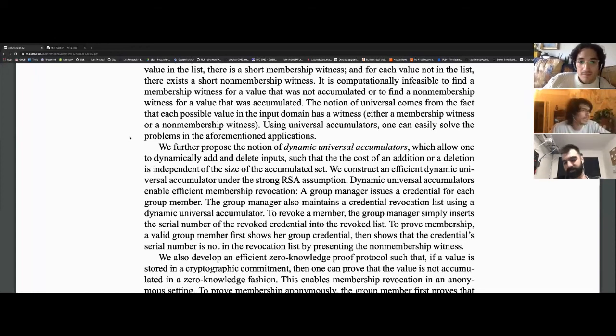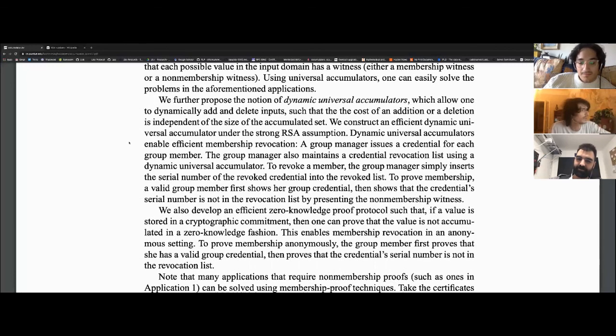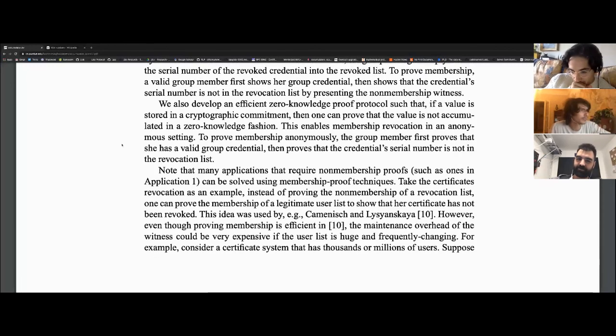And then they apply these in a specific context, and in particular, they construct a zero-knowledge protocol that shows that you hold a non-membership witness for an element that is not part of the accumulator, which we didn't cover this time. We may cover next time.